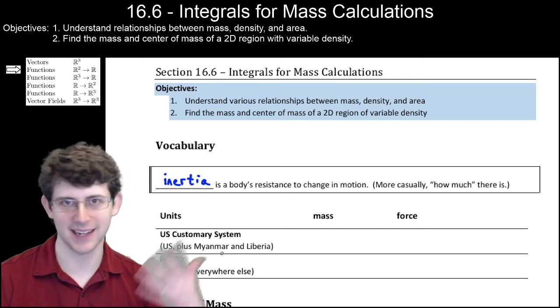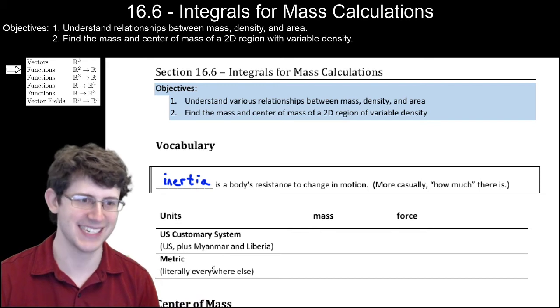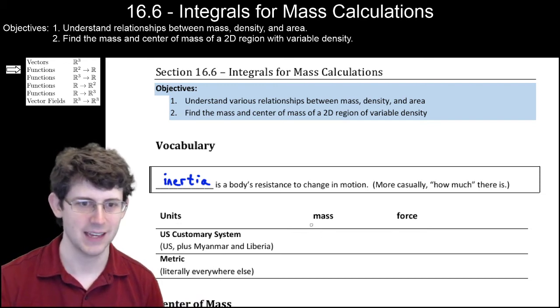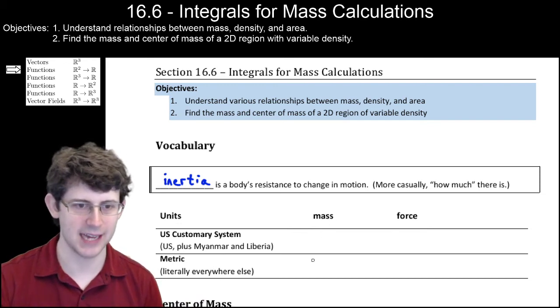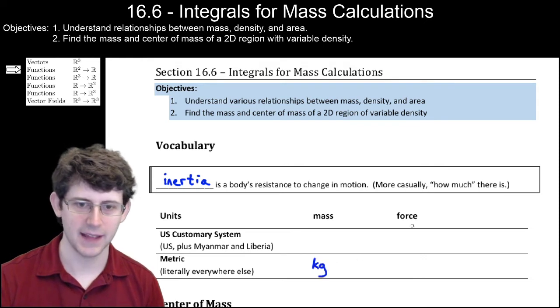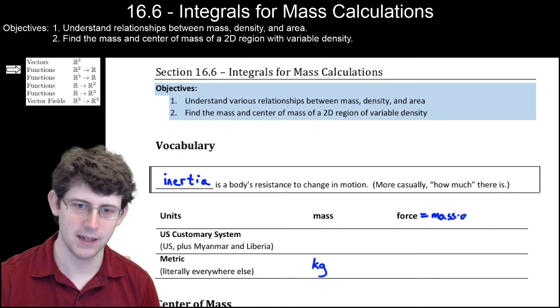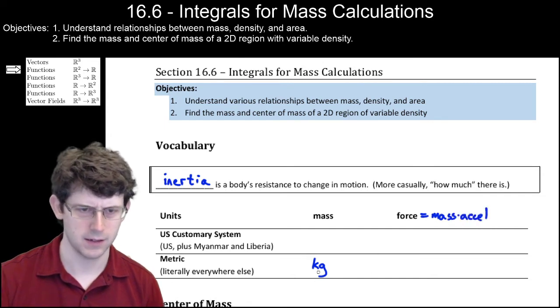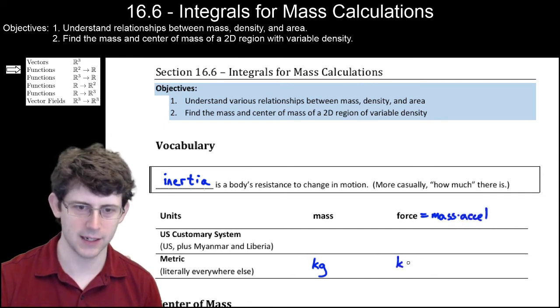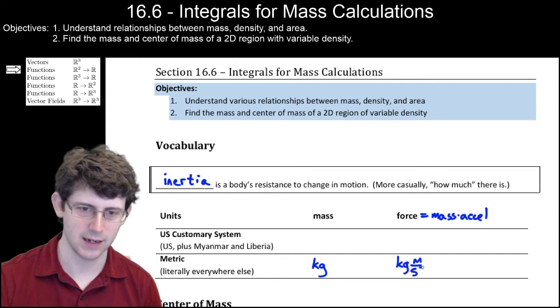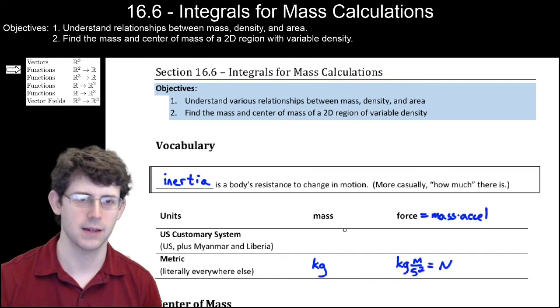Don't worry, NASA uses the metric system. So yeah. Anyway, in the metric system, mass is in kilograms, and then force is mass times acceleration. So force must be kilograms meters per second squared, and these are called newtons.